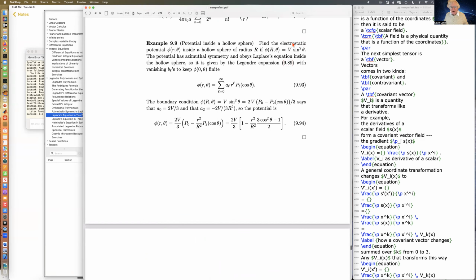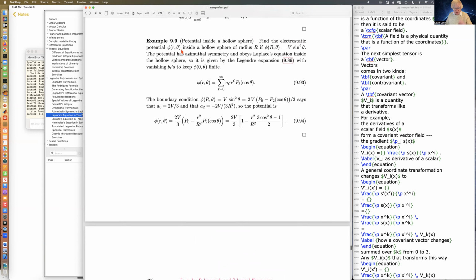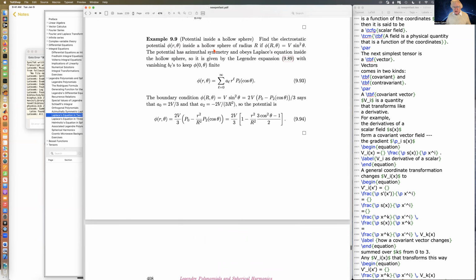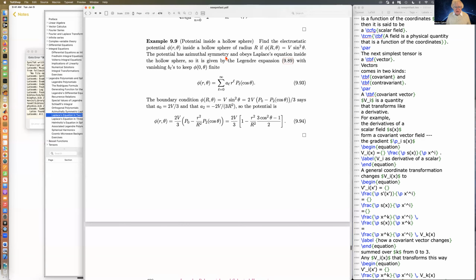So we want to find the electrostatic potential phi of r and theta, because we have azimuthal symmetry, inside a hollow sphere of radius R. And here we can have spherical coordinates, but with no phi dependence because of the azimuthal symmetry. In fact, what you have is spherical symmetry.